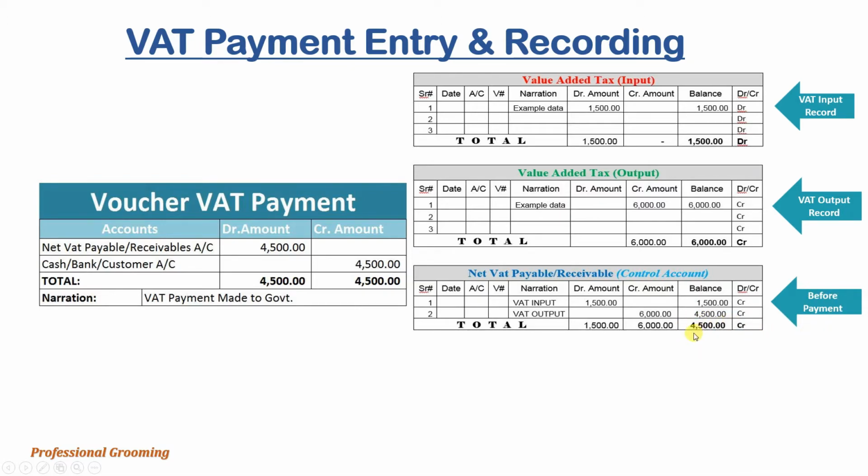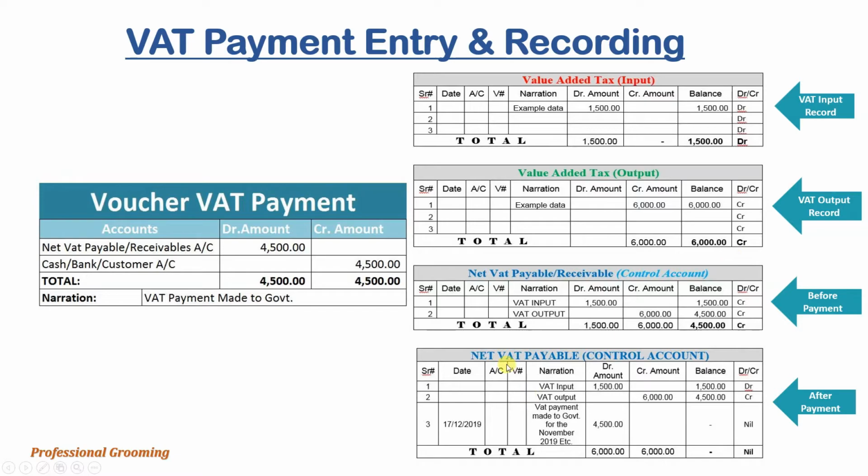When we make the payment, our net VAT payable control account will look like this: VAT input account debit 1,500, VAT output account credit 6,000, and the balance is credit 4,500. The VAT payment made to the government for a certain period of time is debit 4,500, and the balance will be nil.